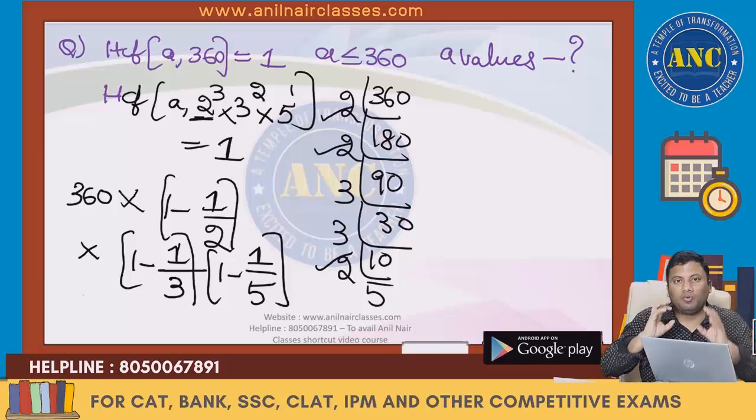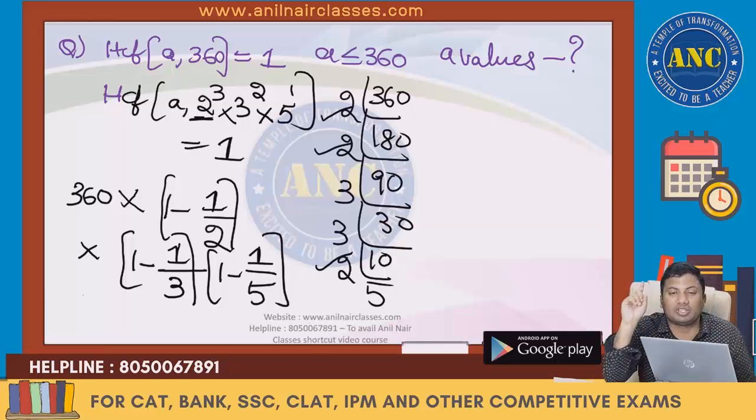Euler's totient function. What do you mean by the totient function? It is the number of natural numbers less than or equivalent to n which are coprime to n. Coprime numbers means numbers which are not divisible by the prime bases. 360 into 1 minus 1 by 2, 1 minus 1 by 3, 1 minus 1 by 5.